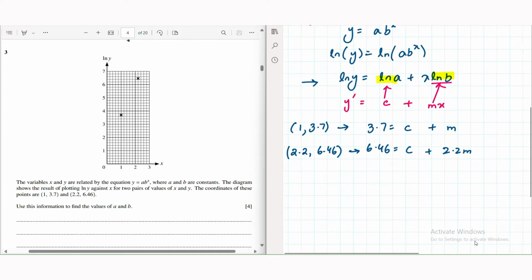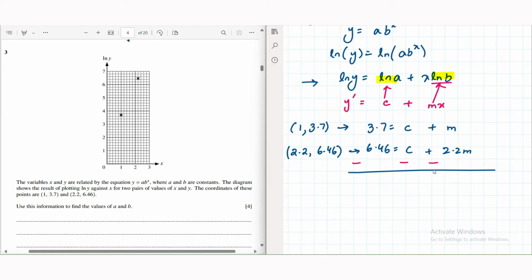Now we have simultaneous equations. We can solve for c and m, and then we can use them to find out ln a and ln b, and then a and b. I will show you a different way to solve this also, but let's see this first. This is easy to see because we have two linear equations in c and m, so we just solve them simultaneously the way we know. Subtract these two equations.